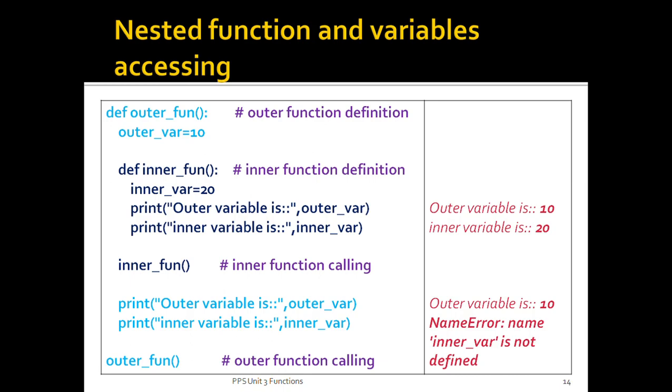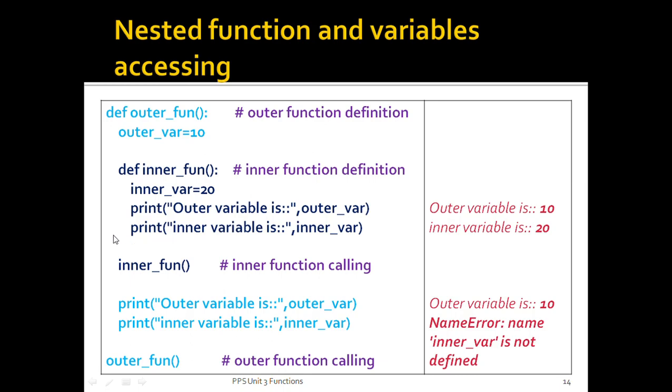I'm again repeating, an inner function can access variables defined in both the outer as well as the inner function. That means from the inner function you can access variables of the outer function also and inner function also. So in this case the values of the outer variable and inner variable will be printed.